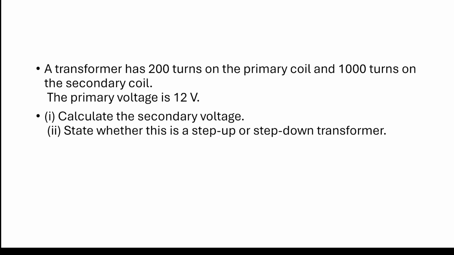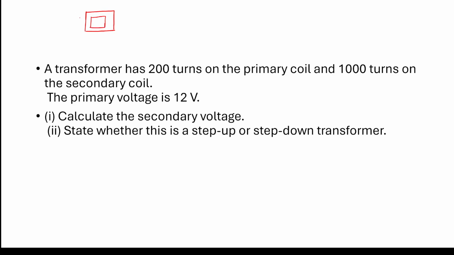Now, this one is a calculation question, mostly for the students who are doing higher. A transformer has 200 turns on the primary coil and 1,000 turns on the secondary coil. In a transformer, I'm just going to draw one here.